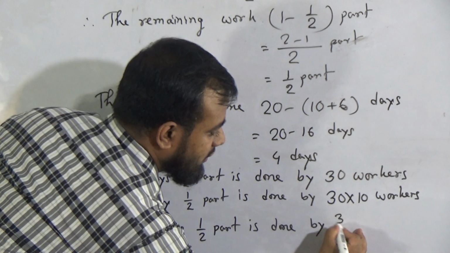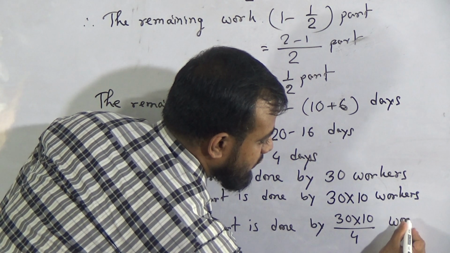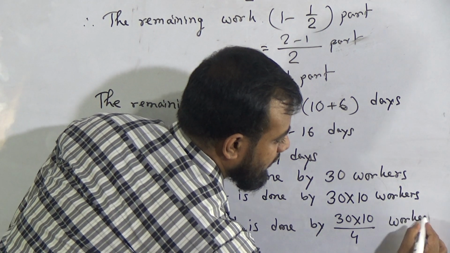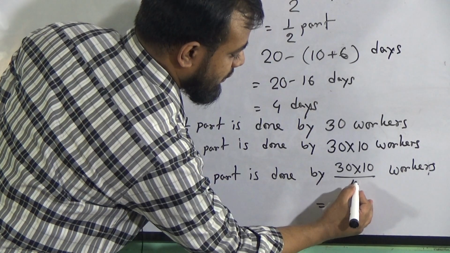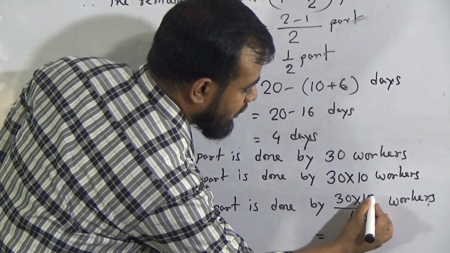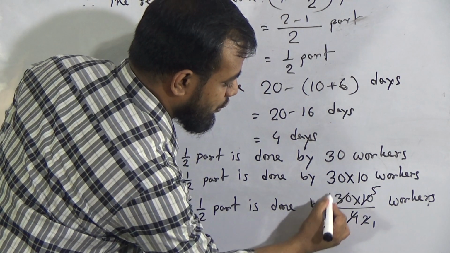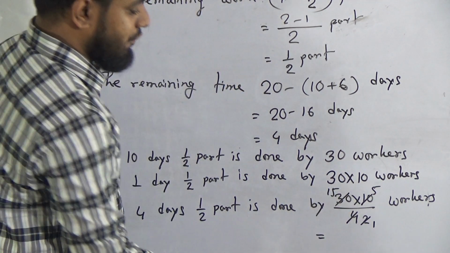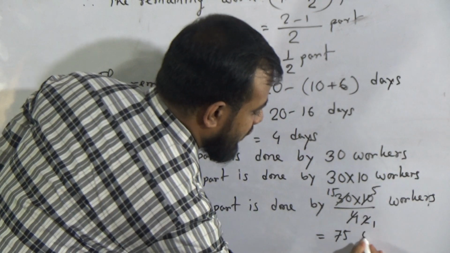By 30 multiplied by 10 over 4 workers. That's equal to how much? 2 2s are 4, 2 5s are 10, 2 15s are 30. So 15 5s are 75 workers.